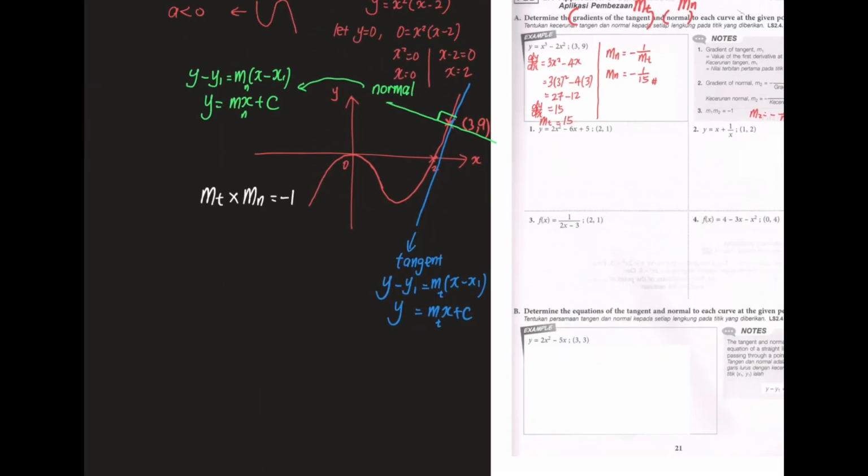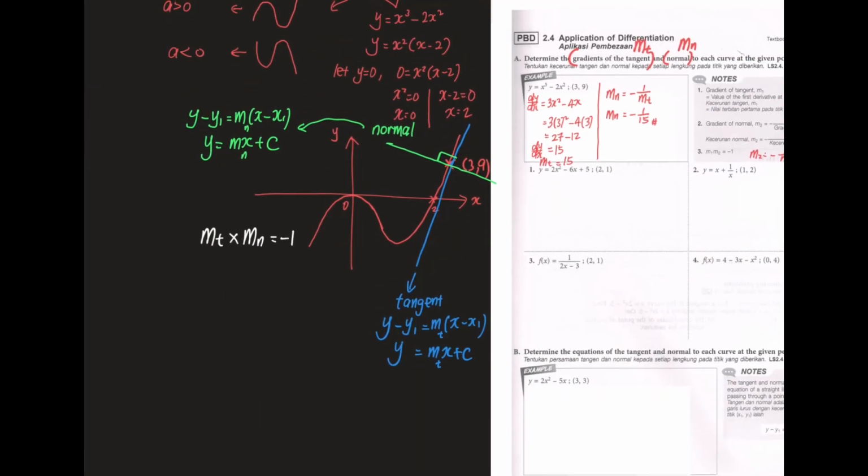So you put the point inside here and here, then you will get the equation of tangent. The equation of normal will be the same. You find out the gradient of normal first, then you put it here, and x1 and y1 will be this point again. You substitute here and here, then you simplify it, then you get the equation of normal.